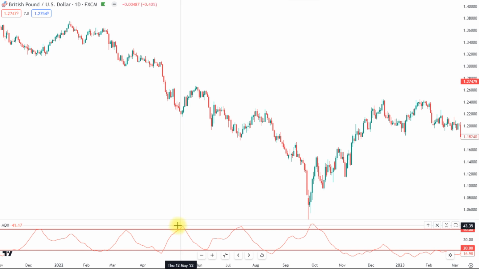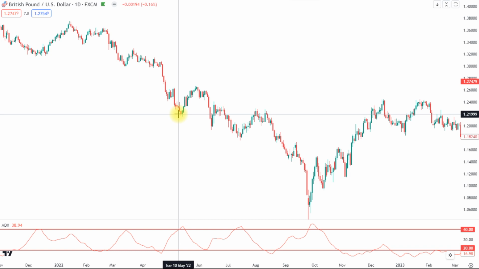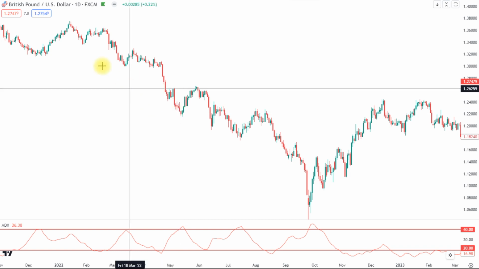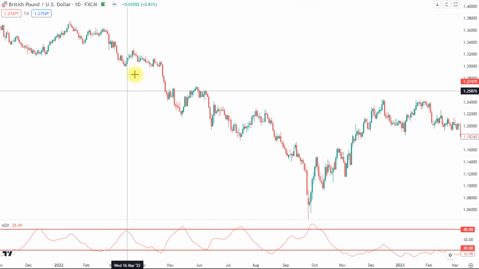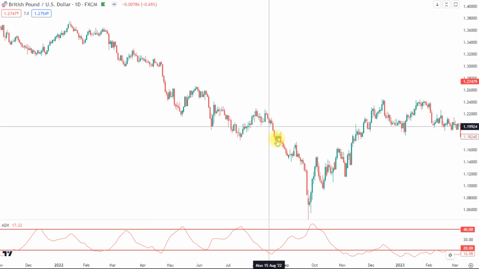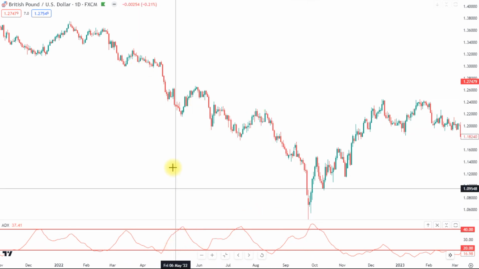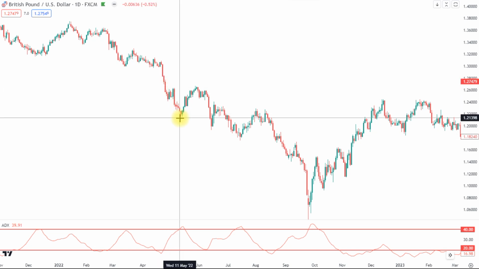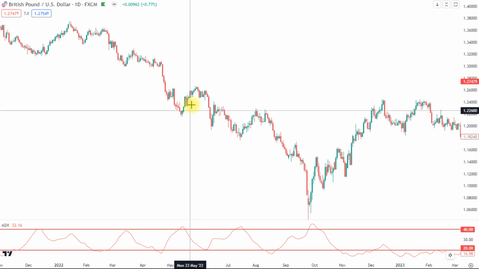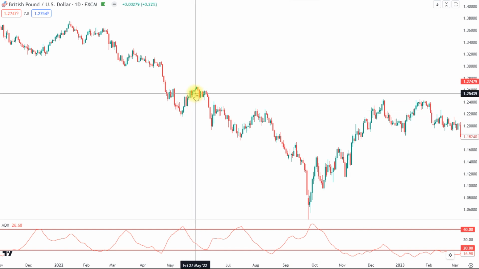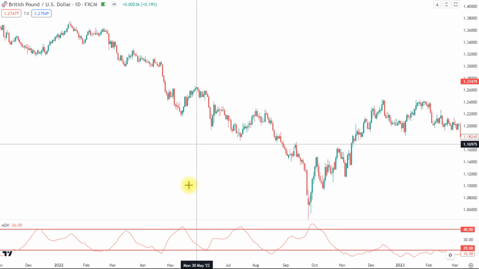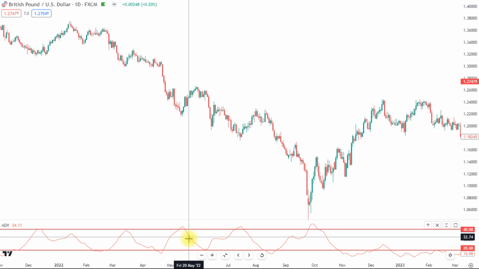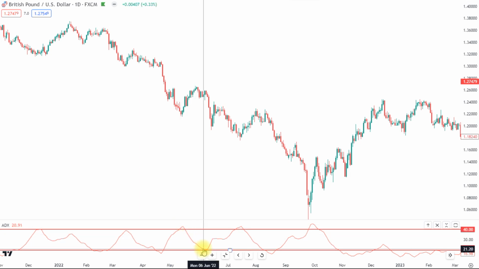Of course, it doesn't mean that the overall trend has to end. As we see here, we have a really beautiful downwards trend with swings, but here you see the downwards impulse is ending, and we're going into a distribution, so a pullback within the downwards trend. And during this time, the ADX is narrowing again to the 20 line.